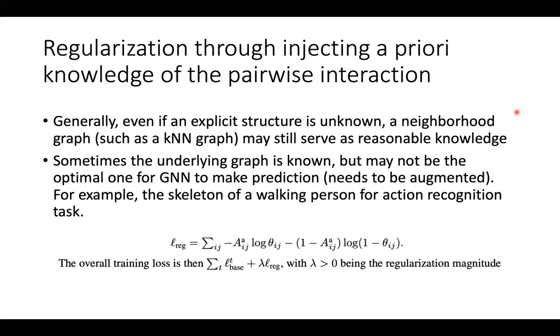Sometimes the underlying graph is known, but may not be the optimal one for the GNN to make predictions. It can also serve, and we still do not want to waste such a signal. So here they propose adding them as a regularization to guide the learning of the structure. And here I want to emphasize one thing about this graph structure learning problem.